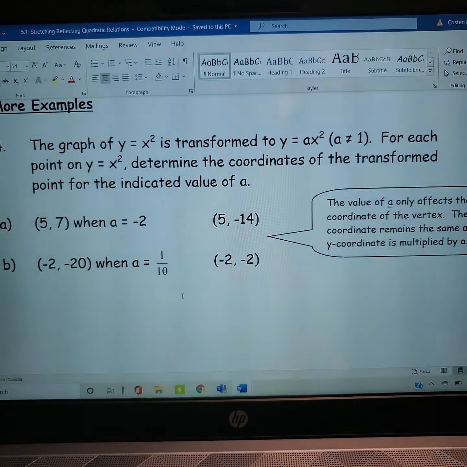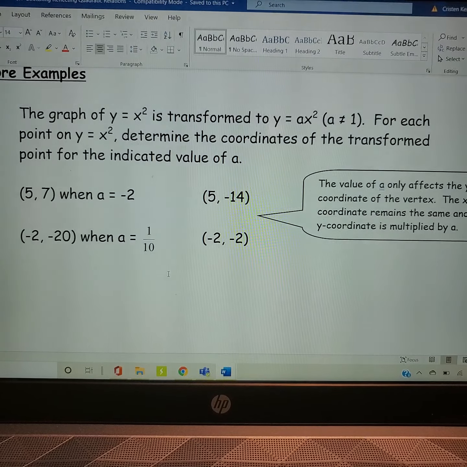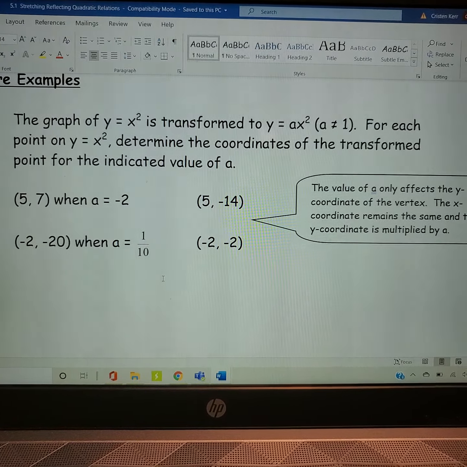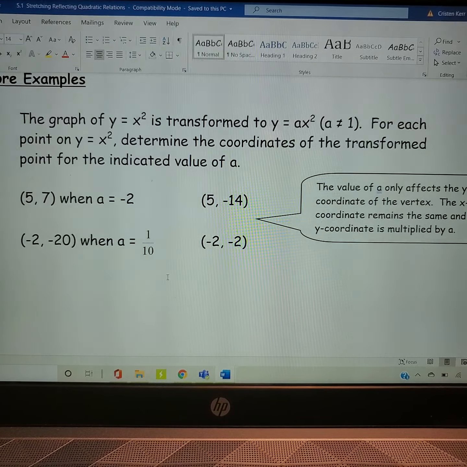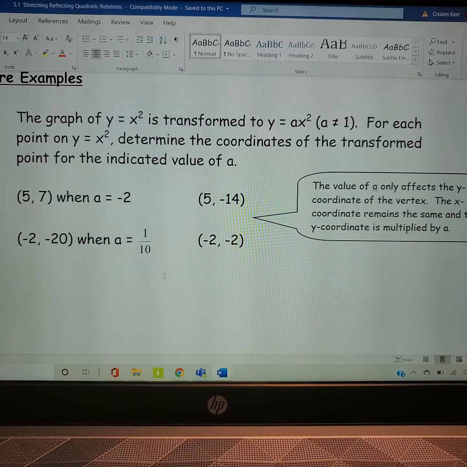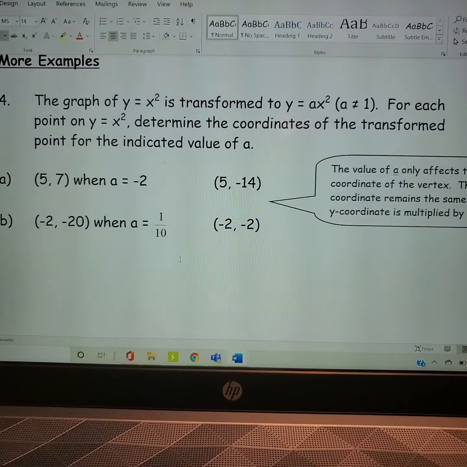So what can we take from that? If you go back to your note, when there is a reflection, a vertical stretch or a vertical compression, the x coordinates of the ordered pairs are not impacted. The only thing that changes is the y value, and it changes by being multiplied by the a value.